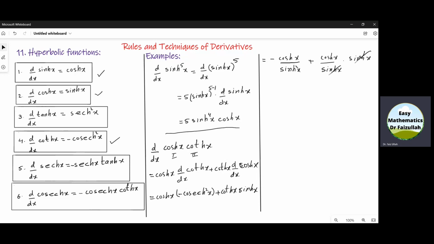Now sine will cancel with sine, and from this we can see, just taking cos hyperbolic x as common, we get cos hyperbolic x into minus 1 over sine hyperbolic square x plus 1, but we write 1 first, minus 1 over sine hyperbolic square x, and that is the solution.